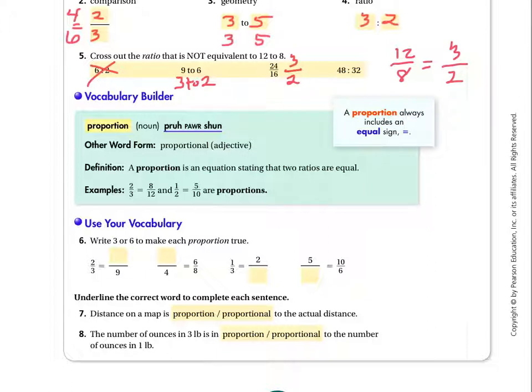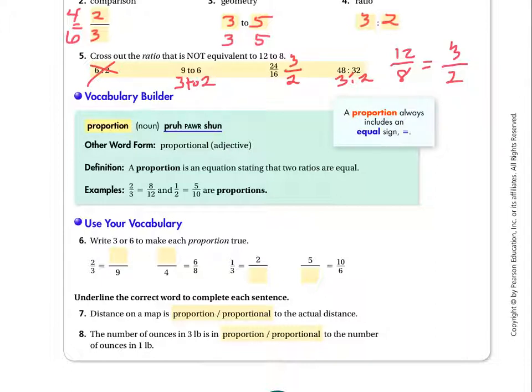So how many times does 16 go into 48? Best guess? 3. Is 3 times 16 48? Yep. And then what's 32 divided by 16? 2. And so doesn't that also reduce down to 3/2. So the only one that is not equivalent to 12/8 is the 6/2.